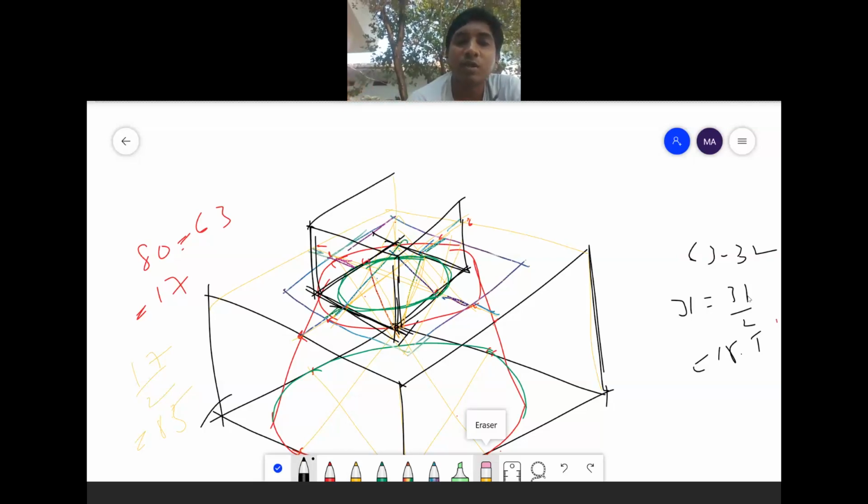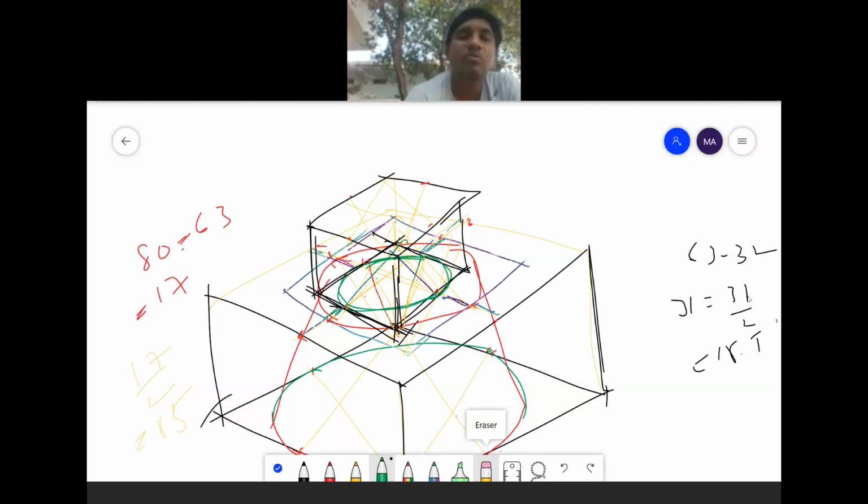So I will join like this. Understand? Again, I'll mark the midpoints here using the red pen. Midpoint here, midpoint here, midpoint here. Join from top vertex to here, bottom vertex to here.